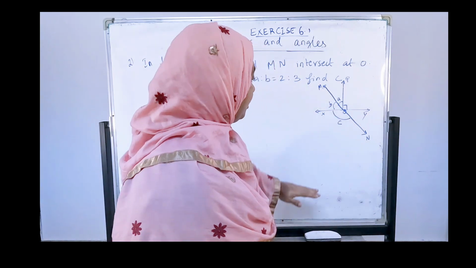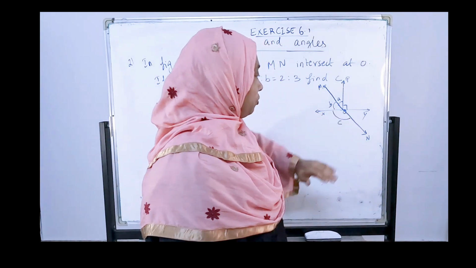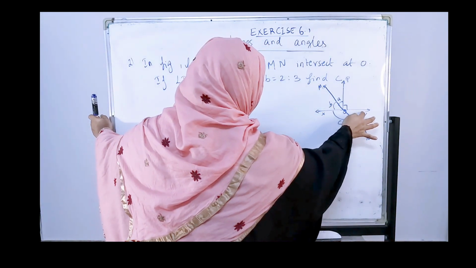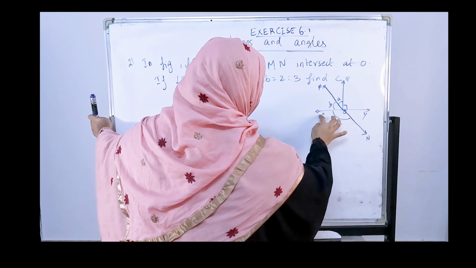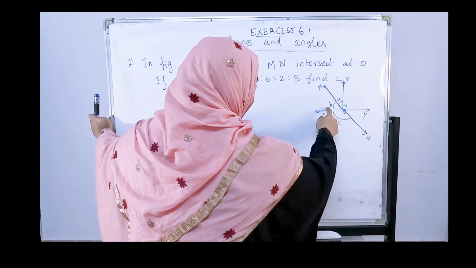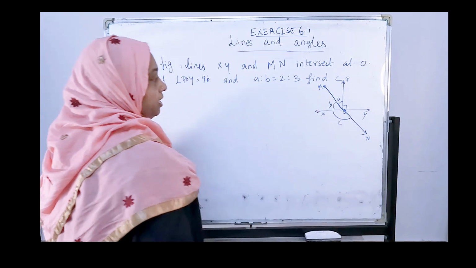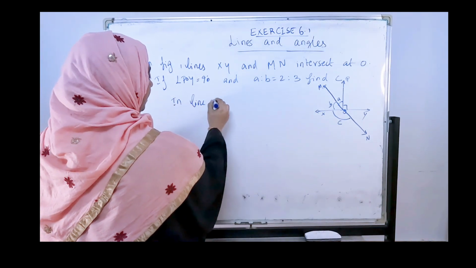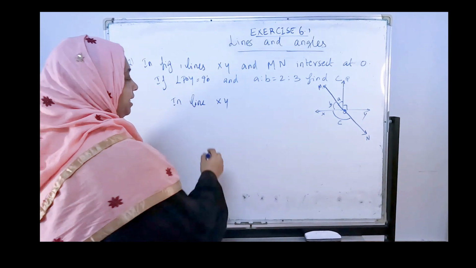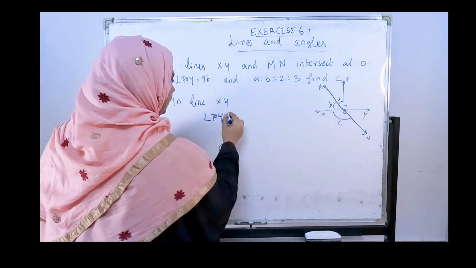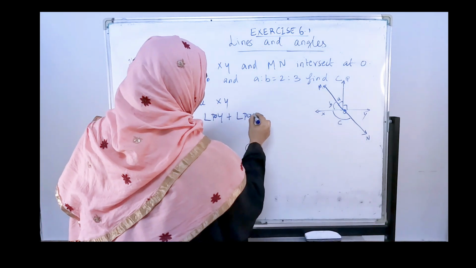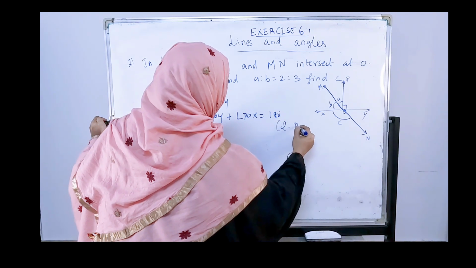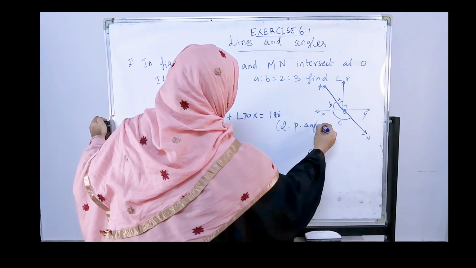We can find it by first taking the line XY. In this one we take POY and POX, because A and B lie in POX only. So in line XY, angle POY plus angle POX is 180 degrees, linear pair of angles.